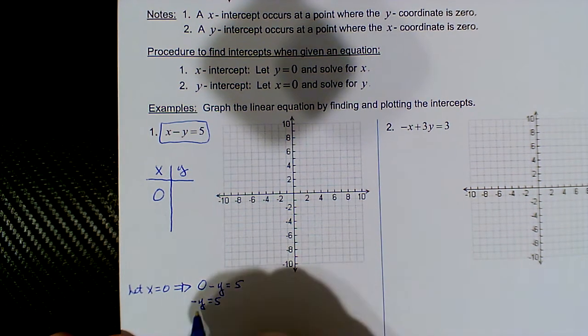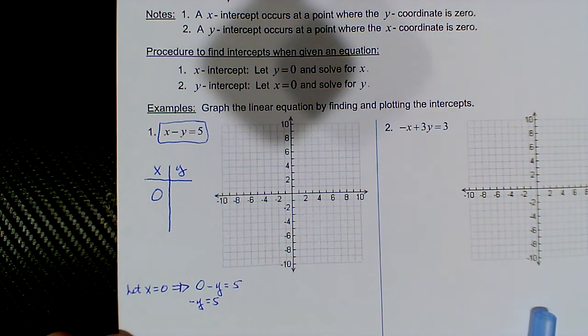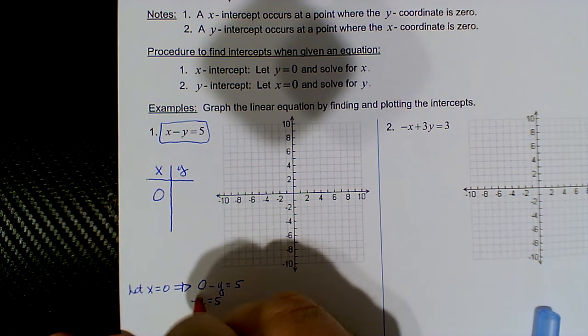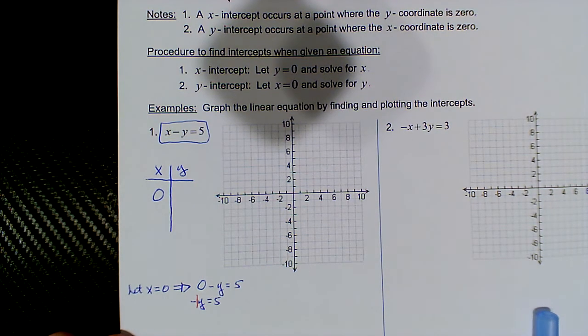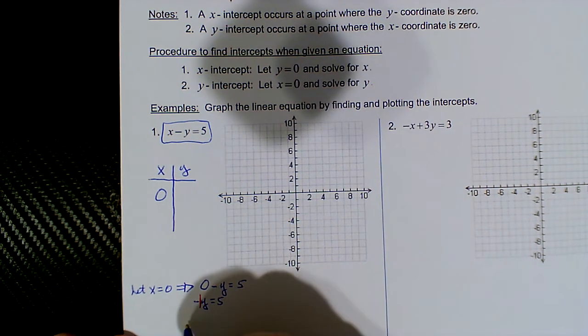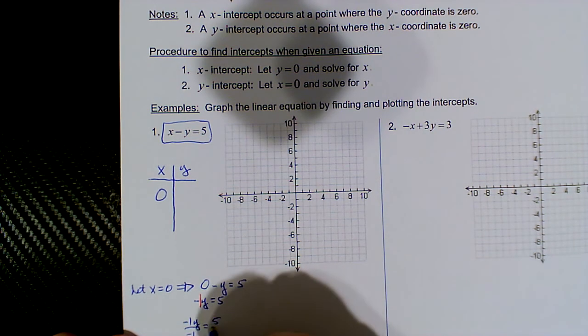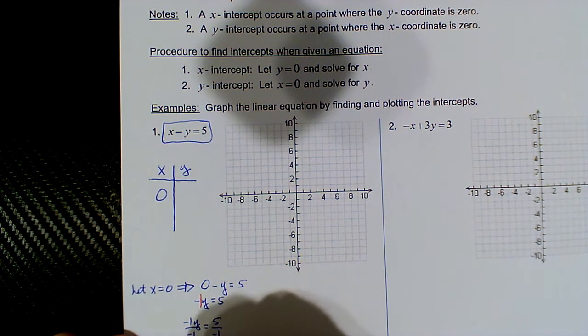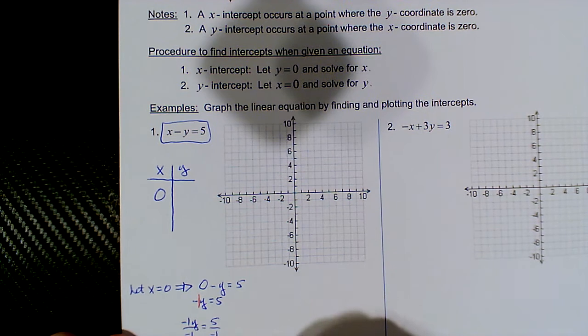To solve for y, there's really a 1 in front there. You can think of dividing by -1, or multiplying both sides by -1, and we get y equals -5.